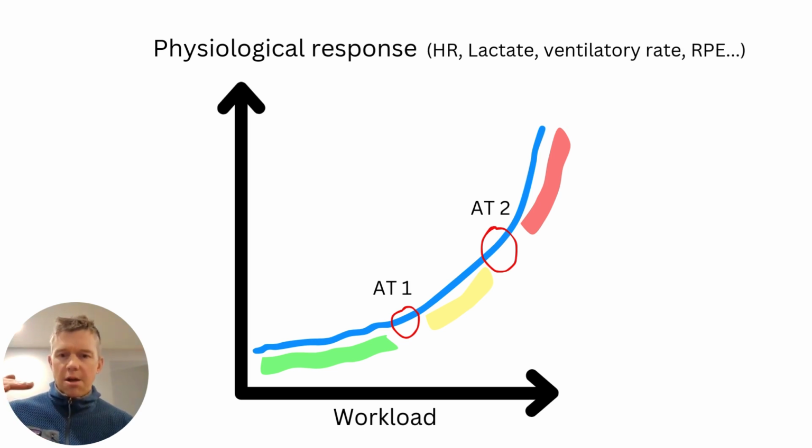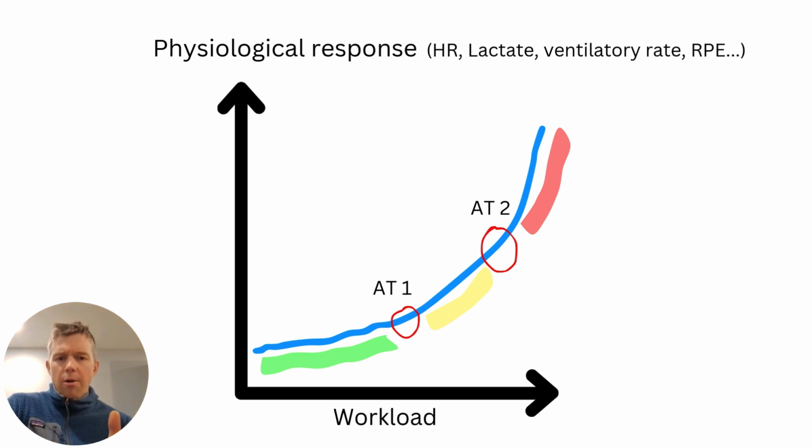And those 2 things are the first ramp up in your physiological response as you're doing increasing work, and that second ramp up. Those are your 2 thresholds. AT1, commonly called aerobic threshold. AT2, commonly called anaerobic threshold. They go by a lot of different names, which we'll get into in a sec here.